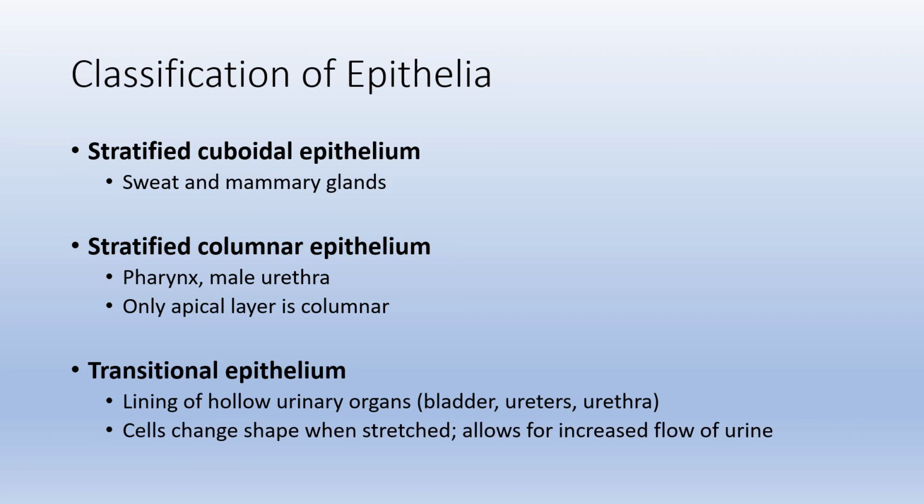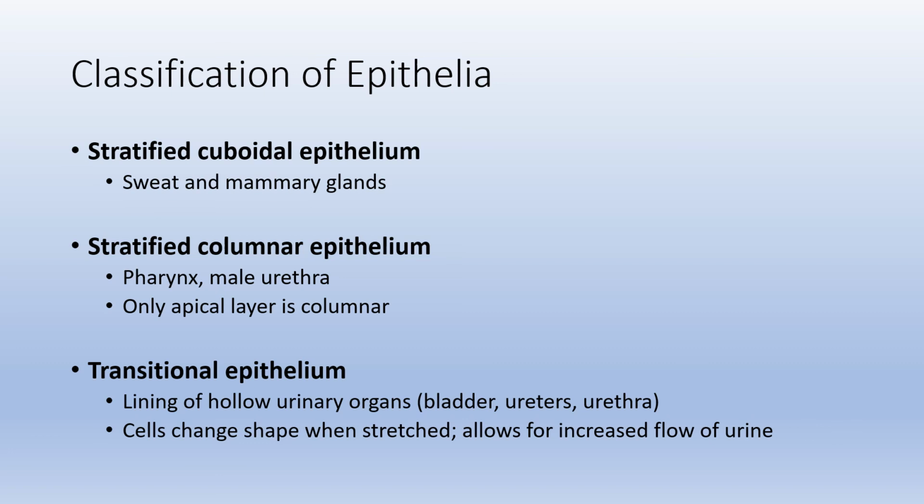And the last type of epithelium that we will talk about when it comes to covering and lining epithelium is transitional epithelium. It's named transitional because the cells change shape when the organ is stretched. You will only see transitional epithelium throughout the urinary system, so it lines organs such as the bladder, the ureters, and the urethra.